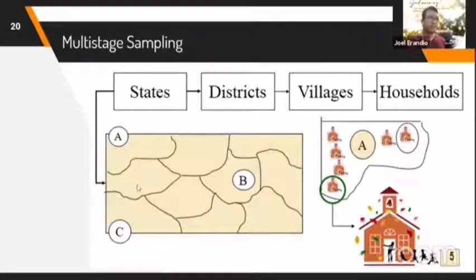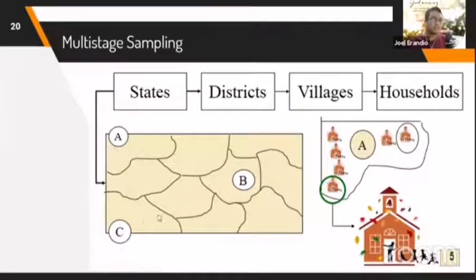So first, you divide the population into subgroups. And then since, let's say, Quezon Province is so large, with a very large geographical location, you just select 3 municipalities, for instance. And then from the municipalities, you again, so they were selected through clusters.